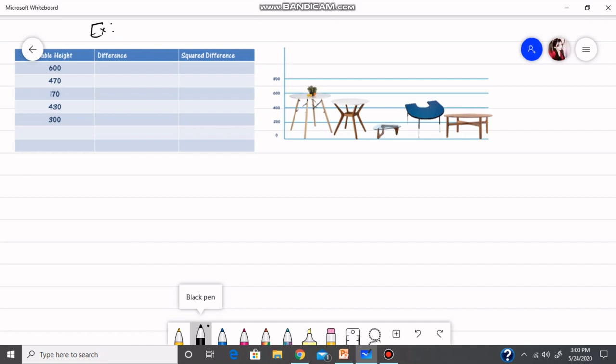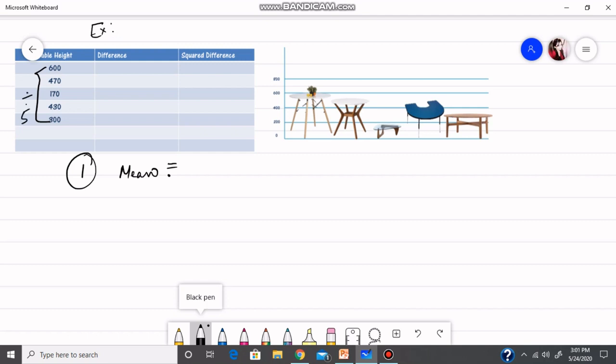To carry out the process, the first step, as we already discussed, is that we need to calculate the mean. We'll be adding up all these values, and then dividing it by 5.